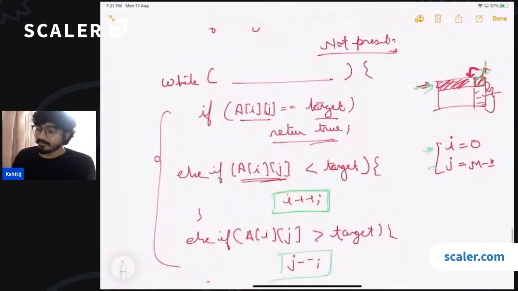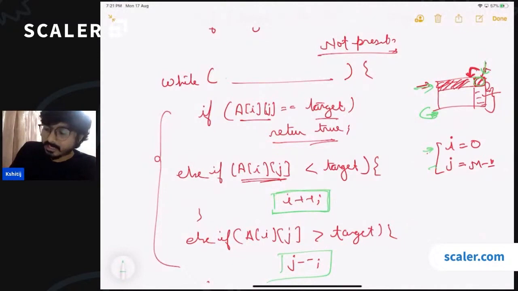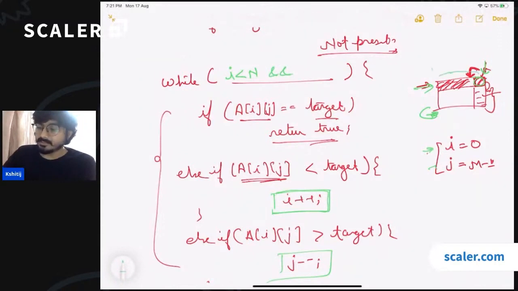So if you are incrementing i, you have to make sure that you are not going out of this matrix, so i should always be less than n. And if you are decrementing j, you have to make sure that j does not become less than 0, so j should always be greater than or equal to 0. This is your boundary case till which you have to run this loop.